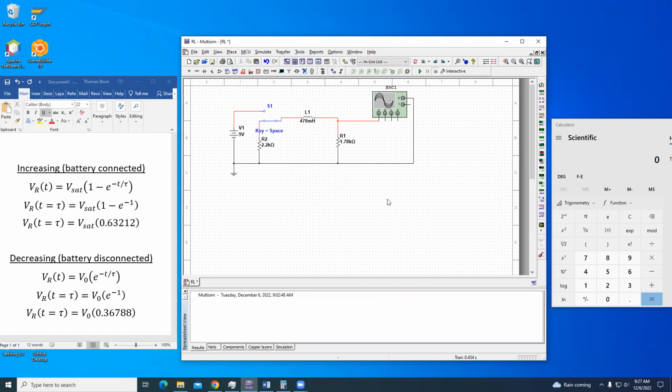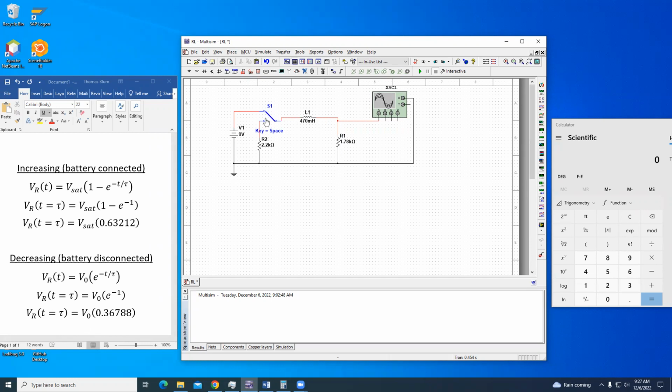I'm going to flip the switch by hitting the space bar up and then down, and then I'm going to turn off the simulation. When the switch is up, the battery is part of the circuit, and then we will see an increasing current and therefore an increasing voltage across this resistor. But what an inductor does is oppose a change.